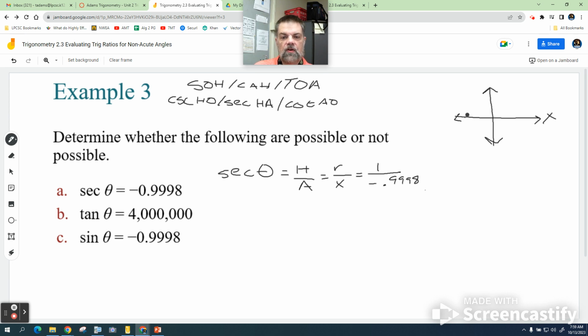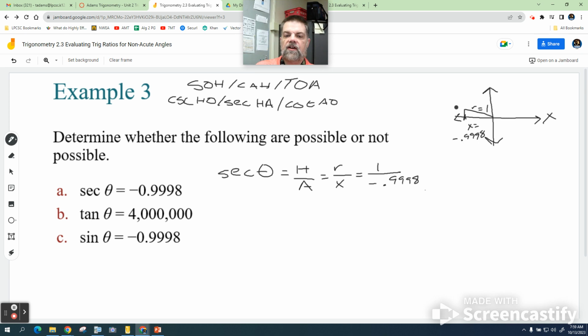So somewhere over here, now I'm not saying what the y value is. I'm just saying that from here to here, my x value would be equal to negative 0.998. So I'm not drawing to scale. I'm going to overexaggerate what the triangle would look like, but I would have a triangle that kind of looked like this, where my radius would equal 1.